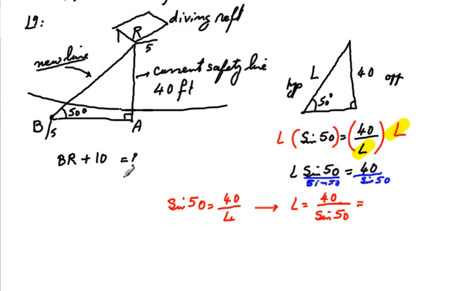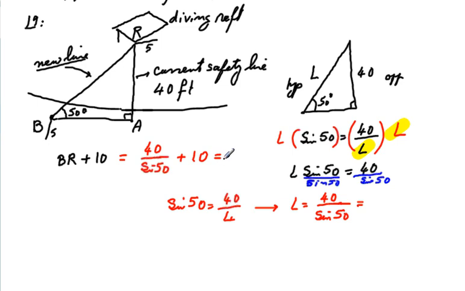By now we know the exact answer is going to be 40 over sine of 50, and then an additional 10 feet just for tying it down. So we write the exact answer, and then we use our calculator. Again, make sure you know how to use your calculator.